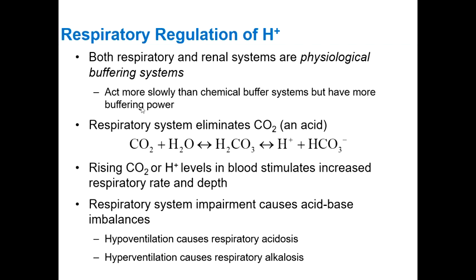effect. So with respiratory regulation of hydrogen ions, your respiratory system, like we've learned already, eliminates carbon dioxide, and carbon dioxide is actually an acid. So when you have carbon dioxide in your fluid, like in your blood, for example, or extracellular fluid, your carbon dioxide, when it combines with water, gives us carbonic acid, and carbonic acid can dissociate.